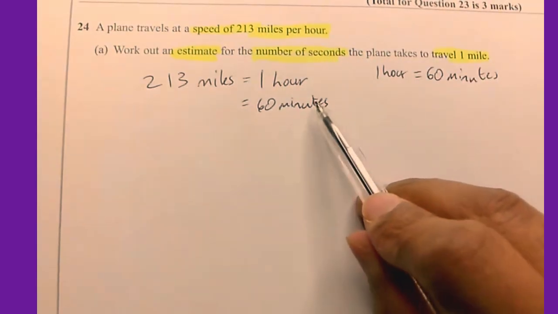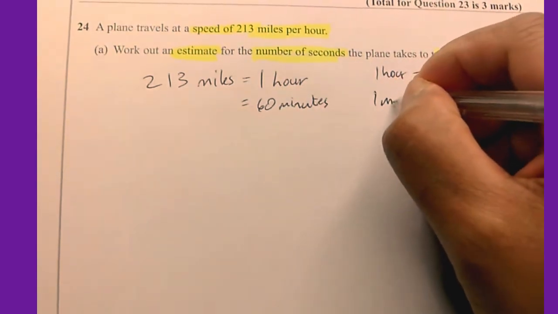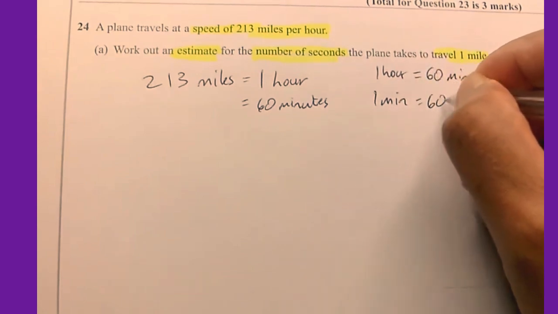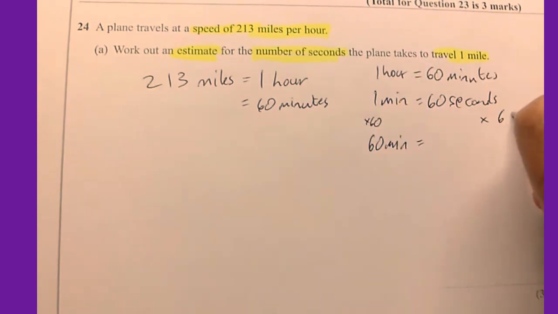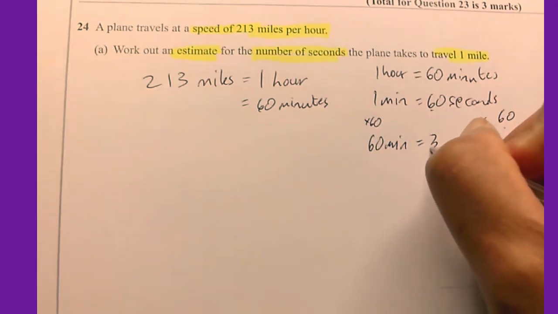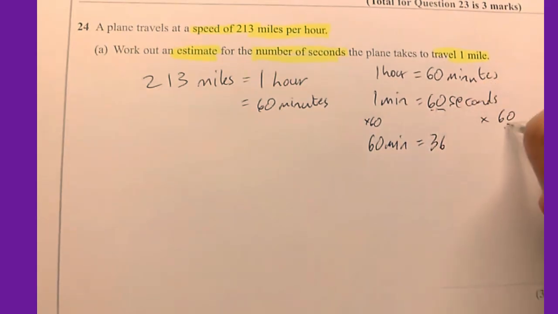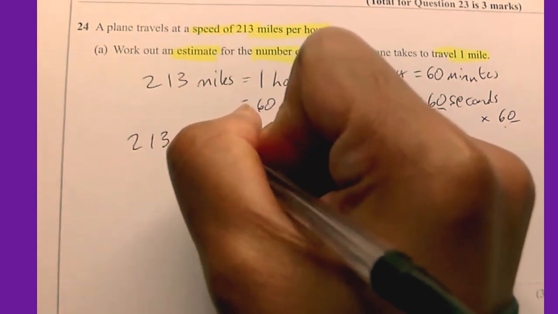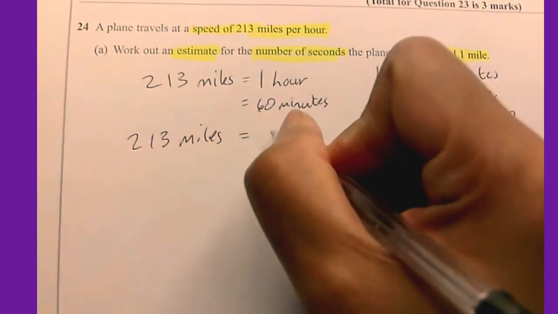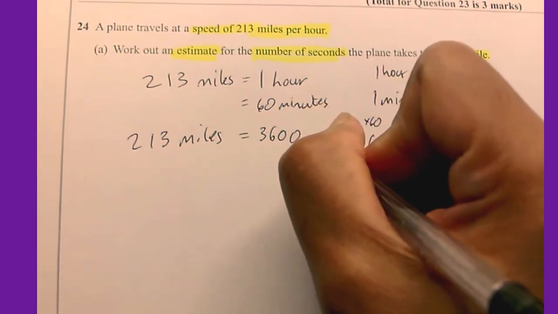We need to take this into seconds. 1 minute is 60 seconds. Times that by 60. 6 times 6 is 36. And I've got 2 zeros. So I've got 213 miles in 3600 seconds.